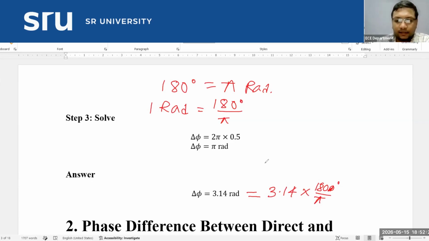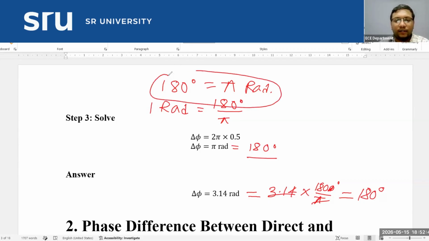Now pi means 3.14, so this cancels, then 180 degree. We have pi radian, and pi radian means 180 degree. So whenever you get an answer in radian, try to replace the value if you want to convert it to degree. But the direct calculation will be in radian itself.